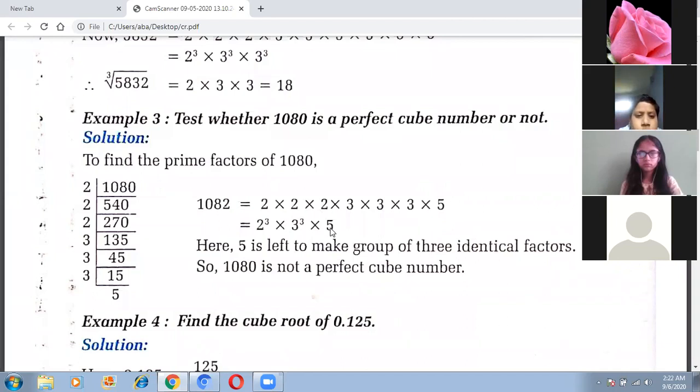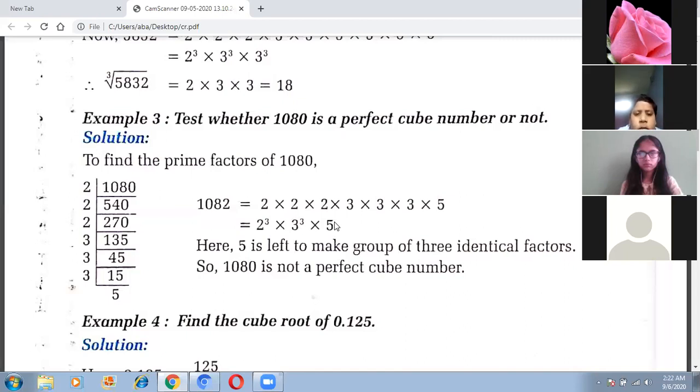Here 5 is left to make a group of 3 identical factors. Now, if the given number is a cube number, it must have groups of 3 identical factors.